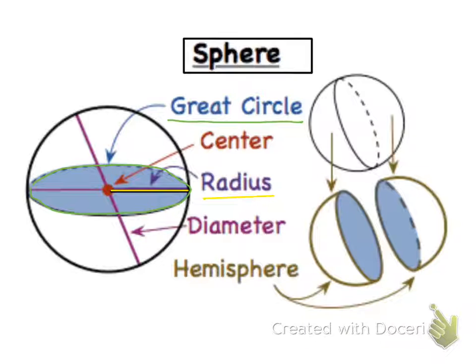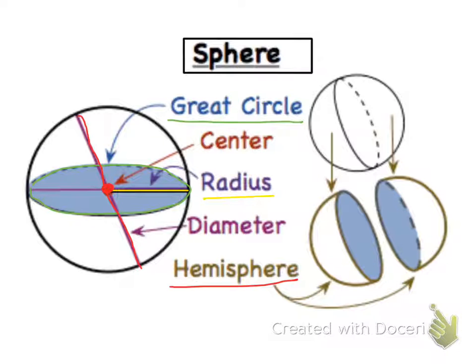In the same way, it could have a diameter, depending on the location you want to see. So this is the diameter here. This is an example of a diameter, and then you have a center. This is the center in the middle. And the same way, a hemisphere is when you cut the whole sphere into two equal parts.